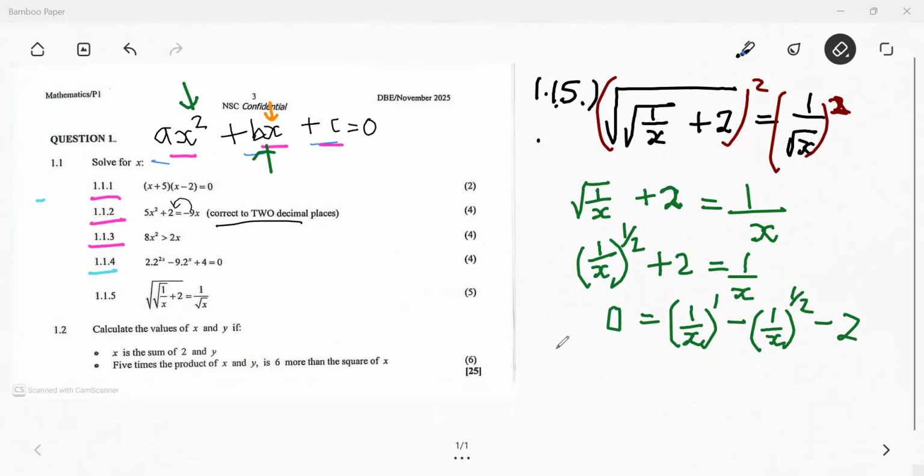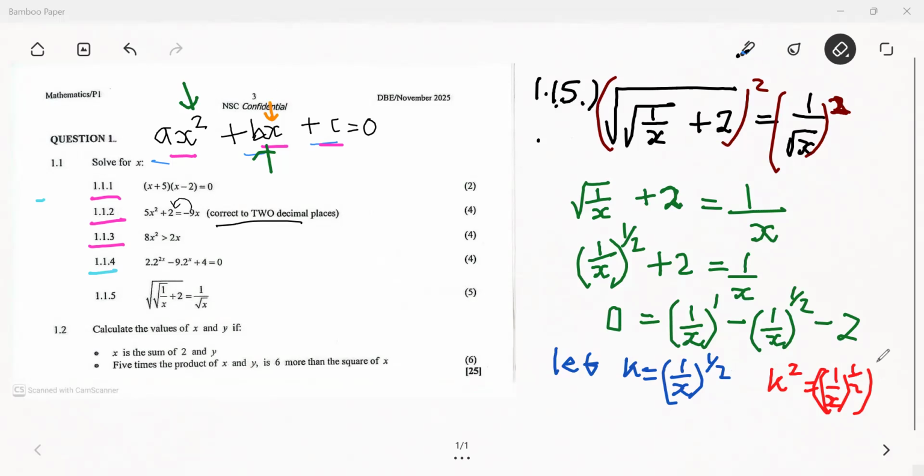So if I use my k method again, let k equal 1 over x to the power of a half. Then I need to figure out what k squared is. Well, k squared would be taking that 1 over x to the half and squaring it.